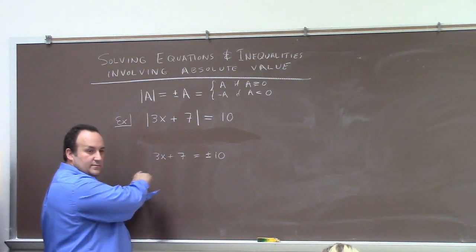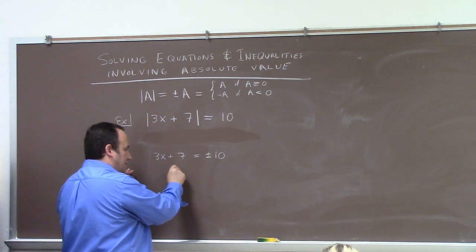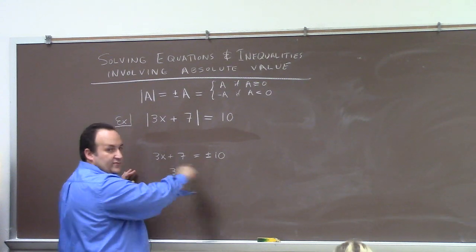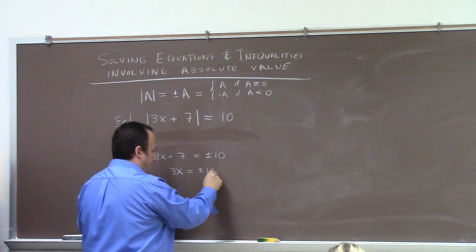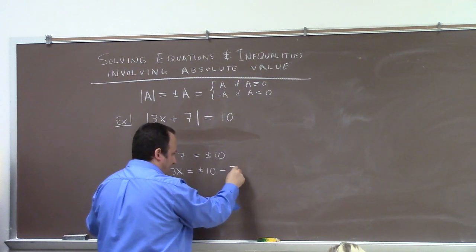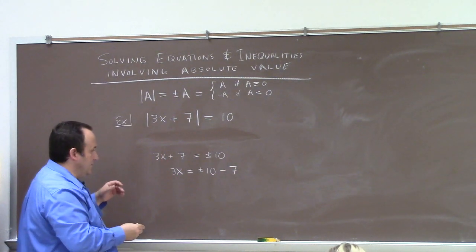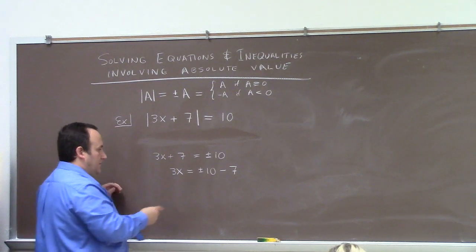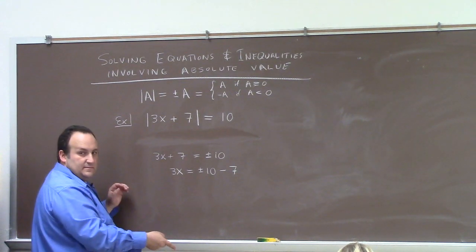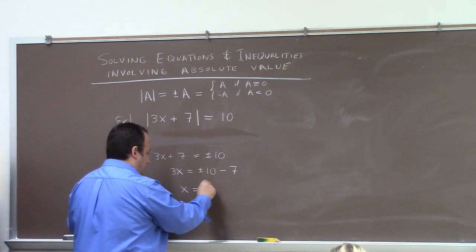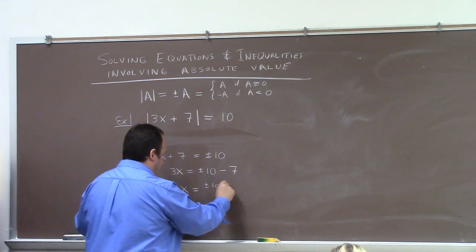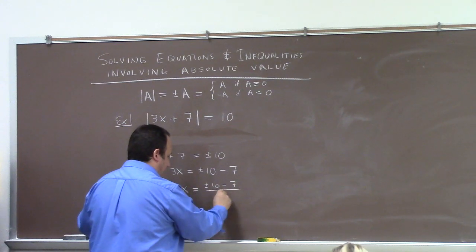And then this gives me 3x. Subtract 7 from both sides: plus or minus 10 minus 7. And then I divide by 3, so x equals plus or minus 10 minus 7 divided by 3.